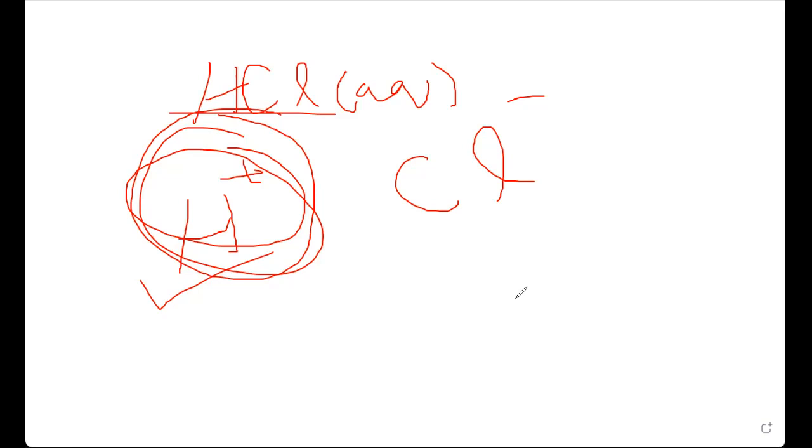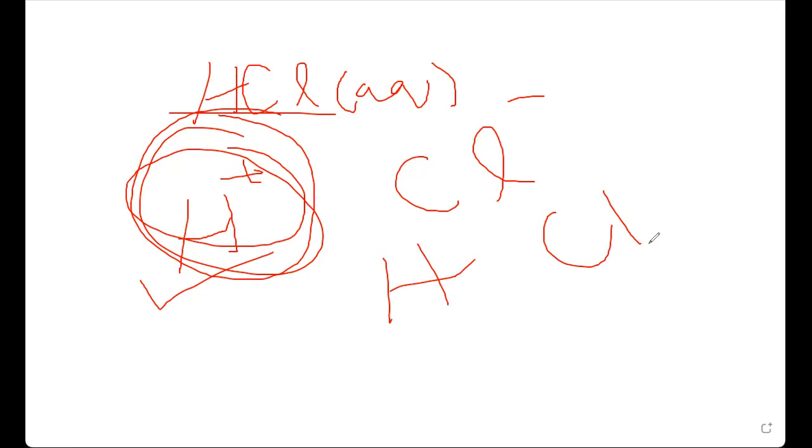And whenever you dissolve HCl into the water, HCl being a covalent compound, it will dissociate into its ions. Keep in your mind, HCl will not dissociate like this, H and Cl, into neutral hydrogen and neutral chlorine, because chlorine is more electronegative.